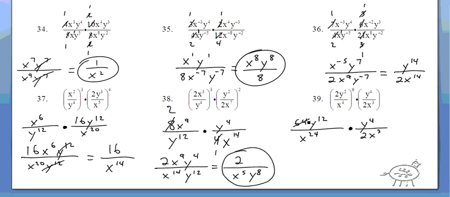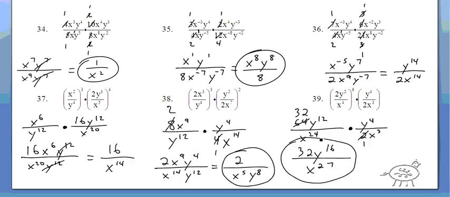And the 64 and the 2 cancel, so 2 goes into 2 once, 2 goes into 64 32 times. So 32, and I'll combine these together, so it's y to the 16th over x to the 27th. Alright, and that's our final answer for that one.